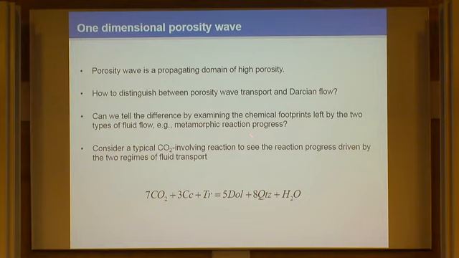To look at reaction progress, we pick a typical carbon dioxide involving reaction in the middle crust, in which carbon dioxide is absorbed by calcite and tremolite to produce dolomite and quartz. Calcite is a carbonate, tremolite is a special type of amphibole, dolomite is also a carbonate, and quartz is a silicate. So it's a calc-silicate system which absorbs carbon dioxide and releases part of its water.